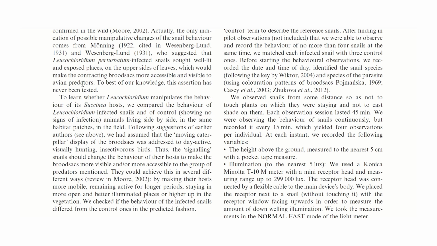So basically, these parasites want the snails to be eaten, so the parasites can then end up in those predators as part of their life cycle. So we have the question, what's the hypothesis? Leucochloridium causes Succinea hosts to go to the upper side of leaves where they are more exposed and visible to predators. That can be the hypothesis, right? Let's look at a different article.